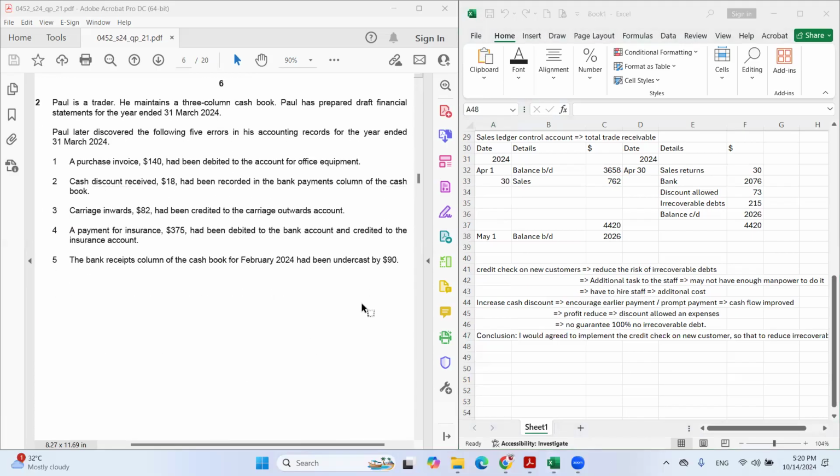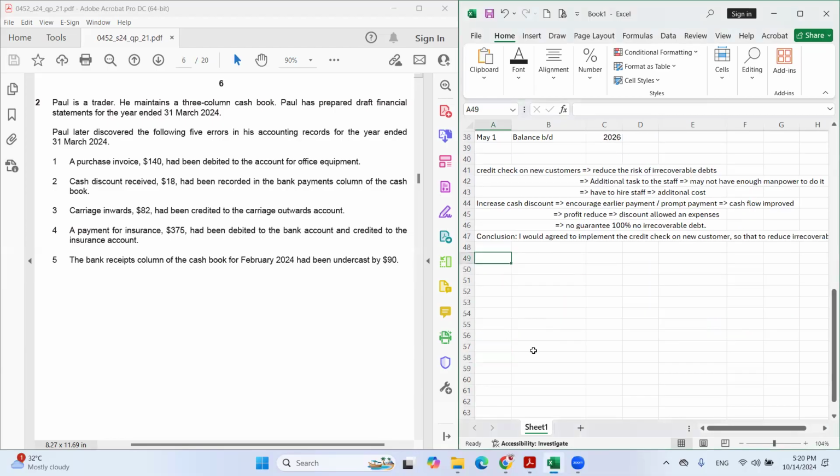Okay, Paul is a trader and he maintains a 3-column cash book. Paul has prepared draft financial statements for the year ended. Paul later discovered the following 5 errors in his accounting records for the year ended 31st March. So this one should be under the correction of errors topic.